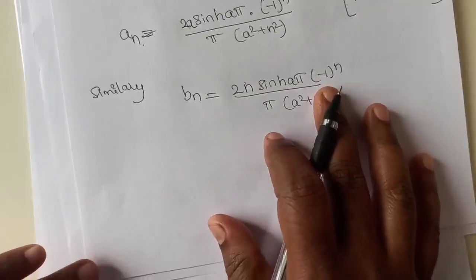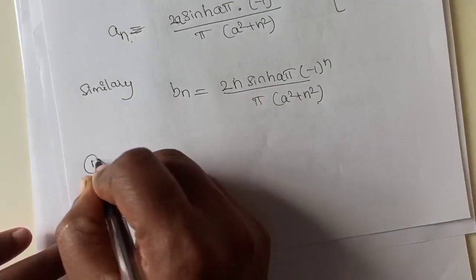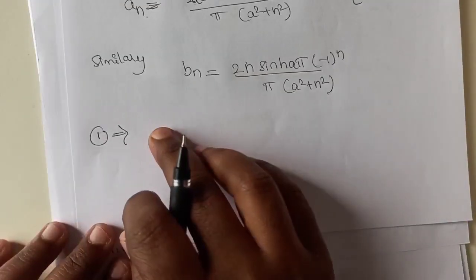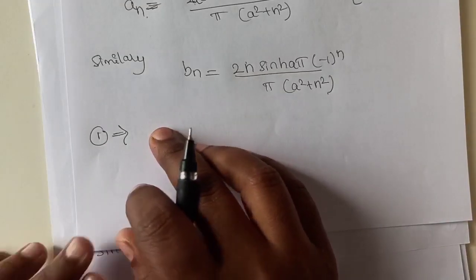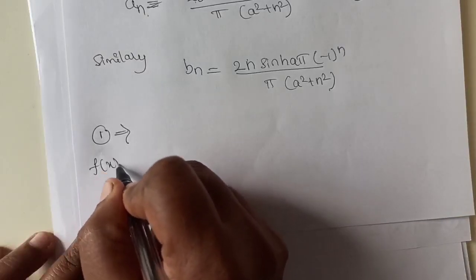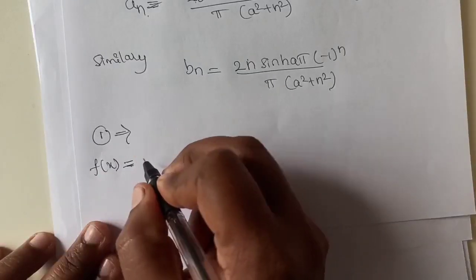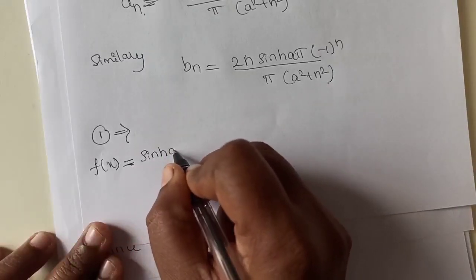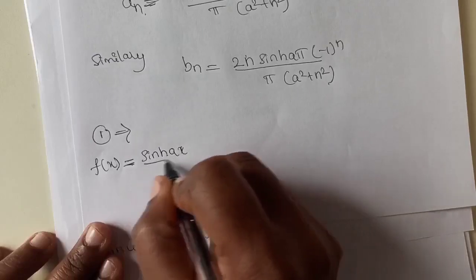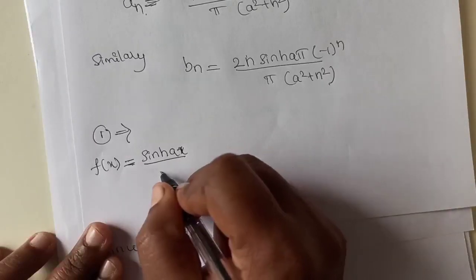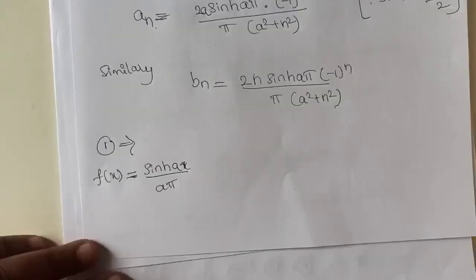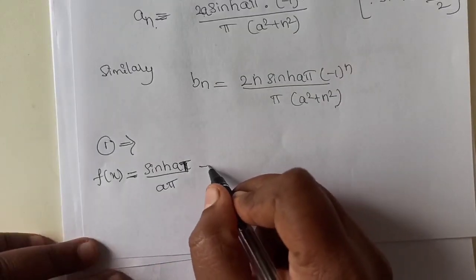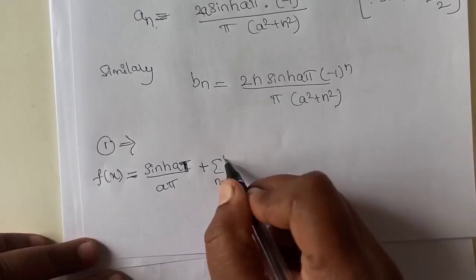Therefore the Fourier series is, equation 1 implies the required Fourier series, substituting a0, an and bn values. We get f of x is equal to a0 divided by 2, that is the 2 cancels, we get sin ax divided by a pi, sinh a pi, plus summation n equals 1 to infinity.